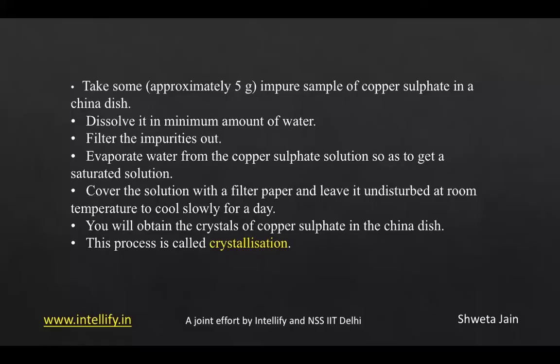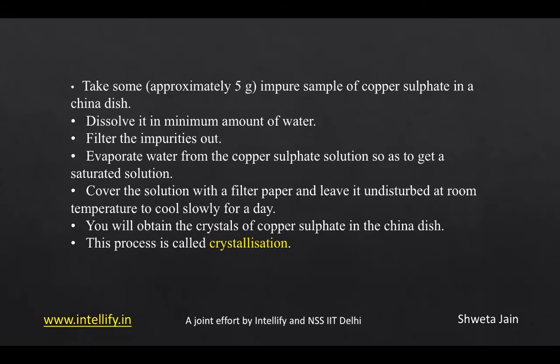The experiment is performed in this manner. We will take some impure sample of copper sulfate in a china dish. We will dissolve it in a minimum amount of water. We will filter this solution. After that, we have to evaporate the water from the copper sulfate solution so as to get a saturated solution.